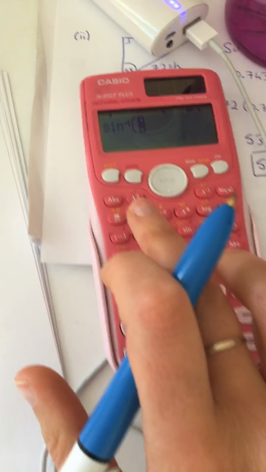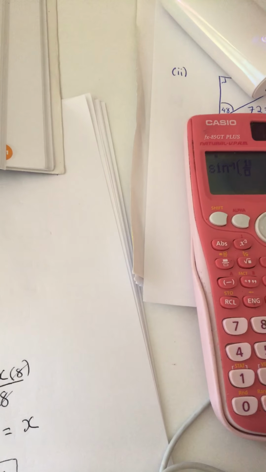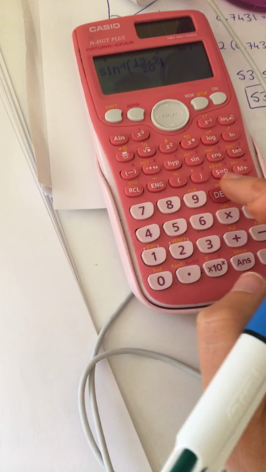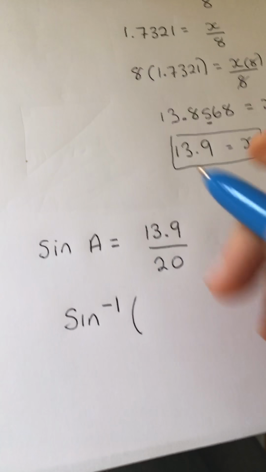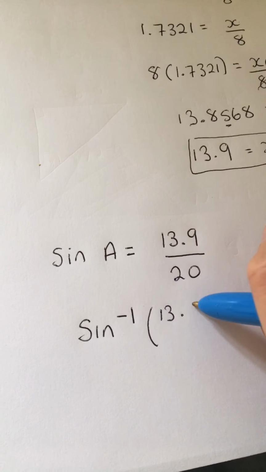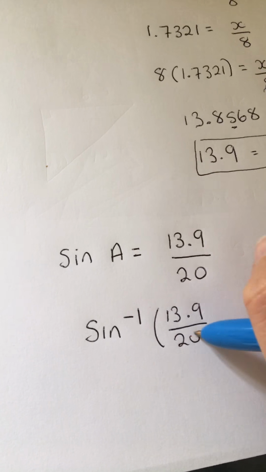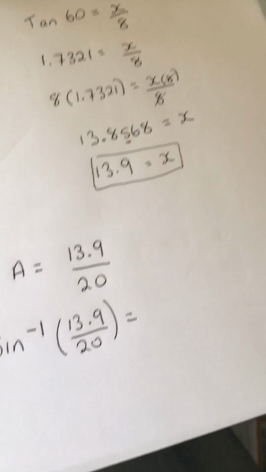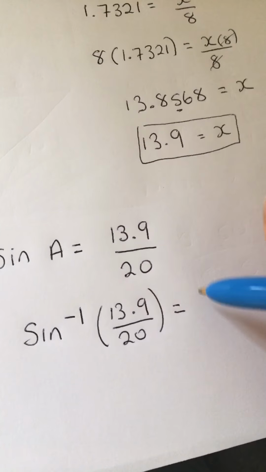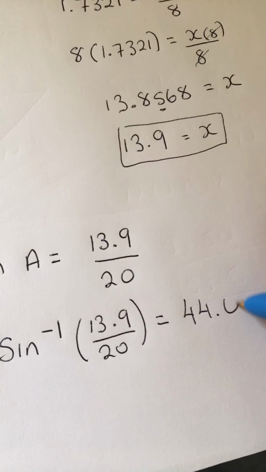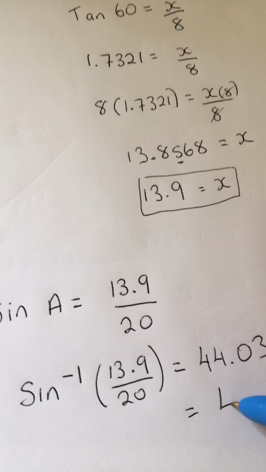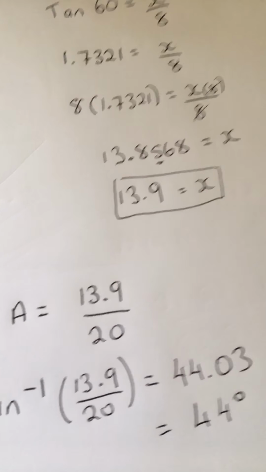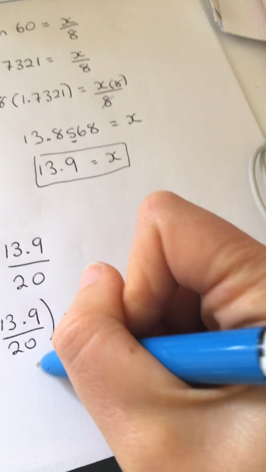Then we enter our fraction, 13.9 over 20. Close your brackets, and I'll just write that down here. So we're working backwards to find the angle this time, and that equals 44.03. They want it to the nearest degree, so that is 44 degrees. Final answer.